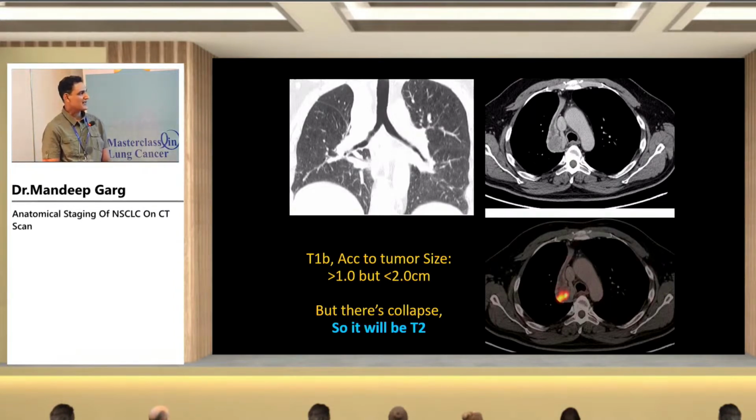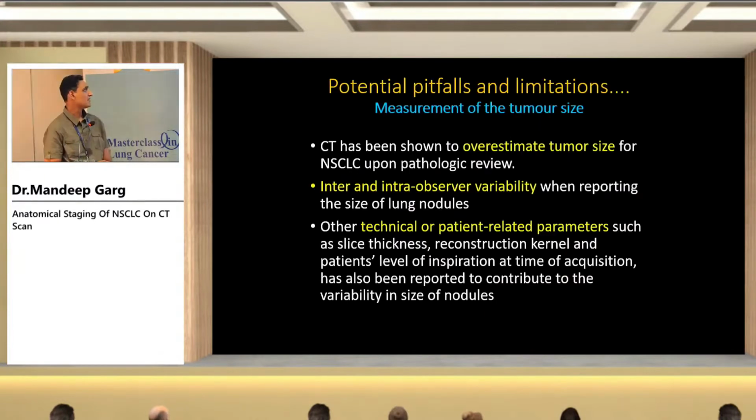If you go by the size criteria, the largest dimension of this lung lesion is approximately 1.5 centimeter, which will make it T1b, because the size is between 1 and 2 centimeter. However, if you look at the associated atelectasis, that will make it T2. So as I've told you, when multiple T descriptors are applicable in any one patient, we have to choose the highest T descriptor. So in this patient, we will use the T2 stage for TNM purpose.